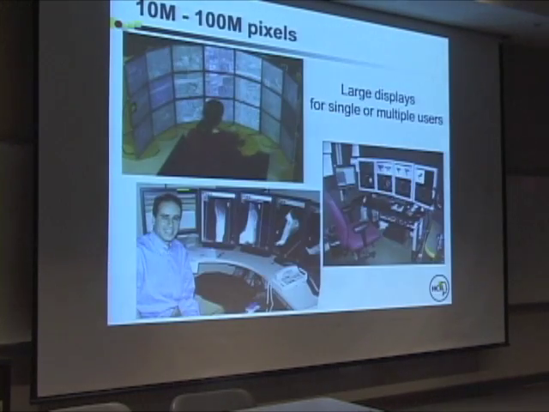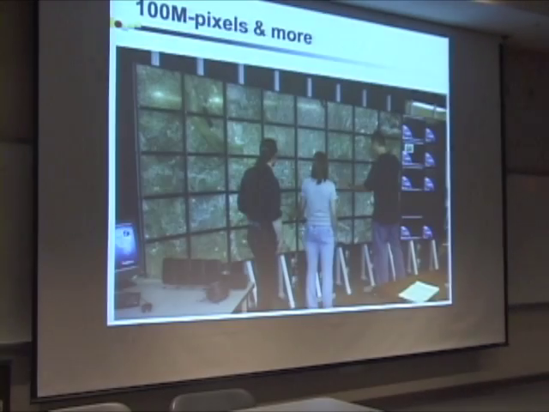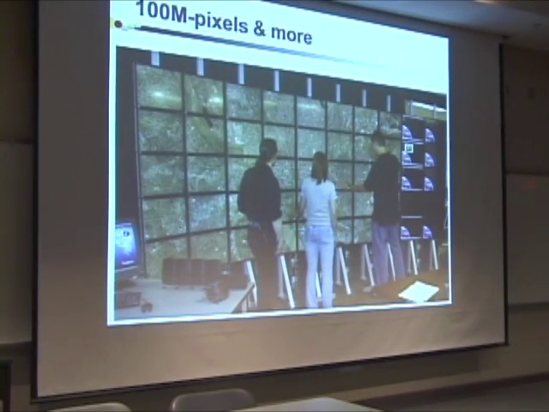So that's been a great satisfaction, and it's no surprise that people want more and more screen space. Pixels are what matter. So going up from 10 megapixels to 100 megapixel displays and beyond are really the right idea. And how do you get the right information on the display with the right resolution? It's not the inches, it's the pixels that count for me.